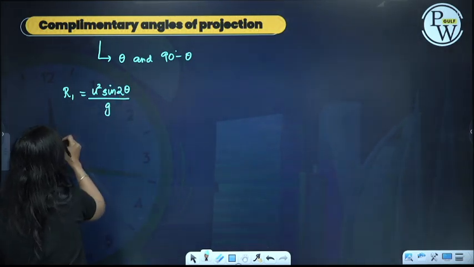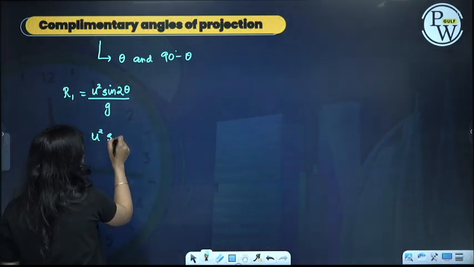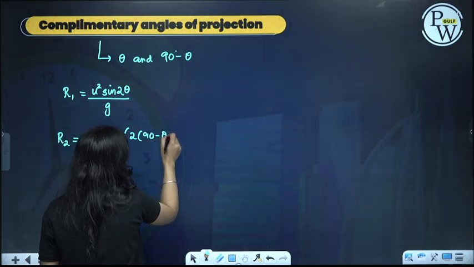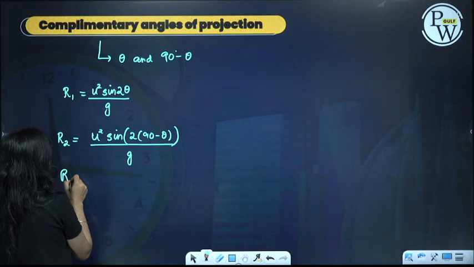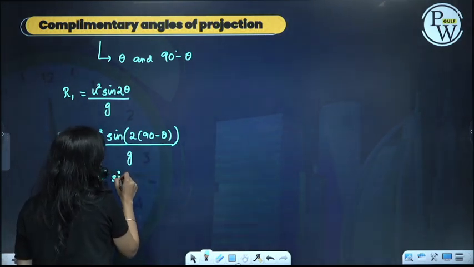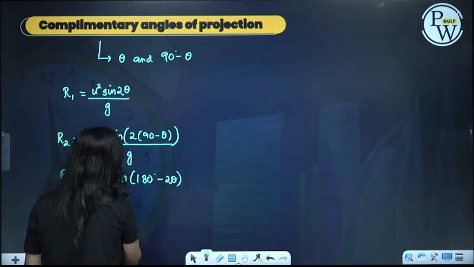And for the complementary angle, range will be u square sine of 2 into 90 minus theta by g. So R2 will be equal to u square sine of 180 minus 2 theta by g.